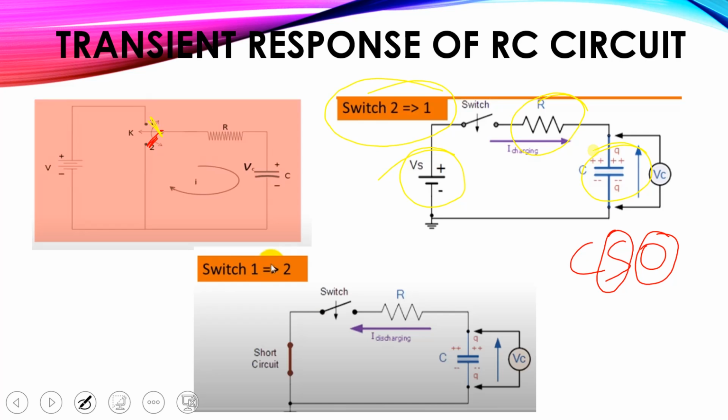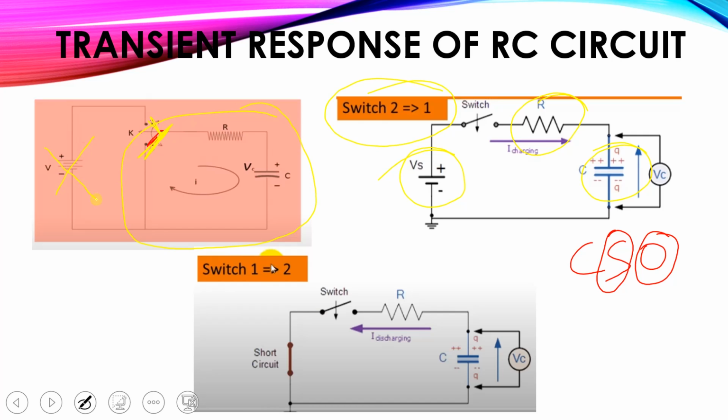When the voltage source is applied and the switch is closed, the capacitor is going to be charged. Negative to positive, so the upper plate gets positive charge and the lower plate gets negative charge. When the capacitor is fully charged, Vc equals Vs. Then we move the switch from 1 to 2, and we are left with this circuit.